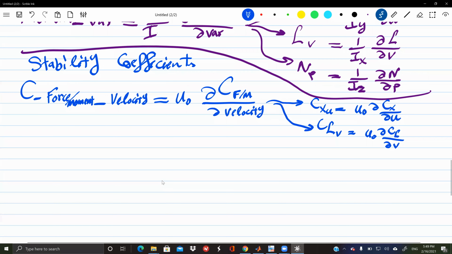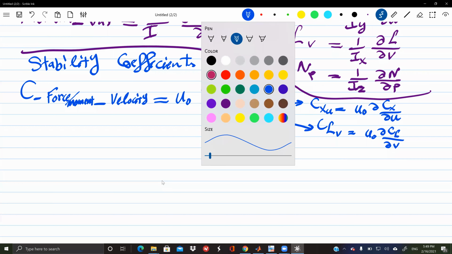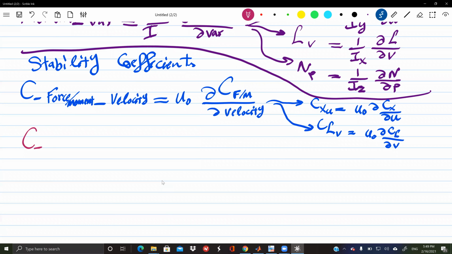All right, the angular velocity is a little bit more intricate. So if I have C, and any force or moment, subscript Q, for example, this is partial C, the force or the moment, partial Q. And again, the numerator is non-dimensional, the denominator is radians per second.